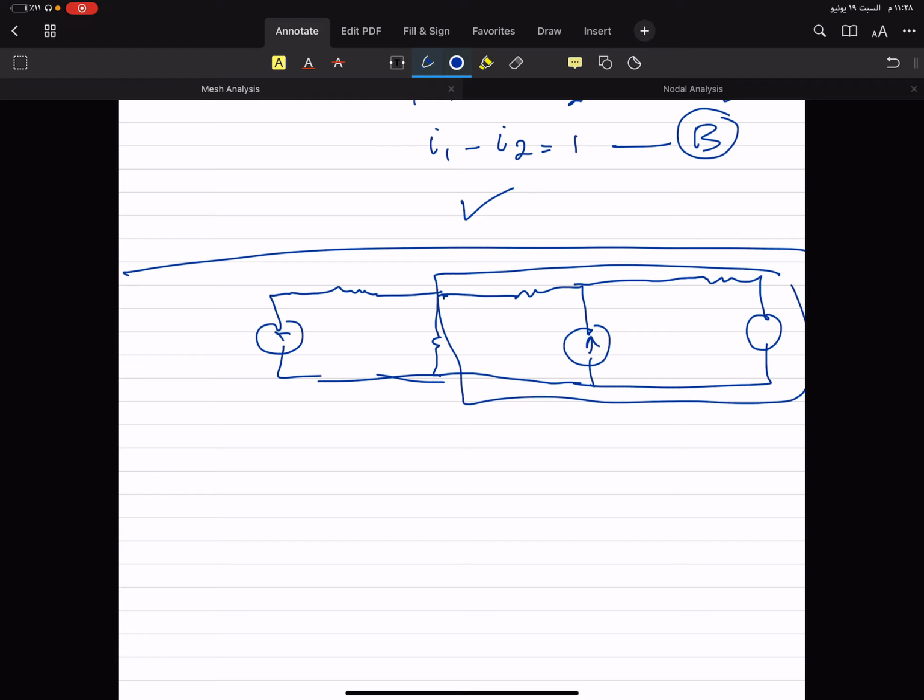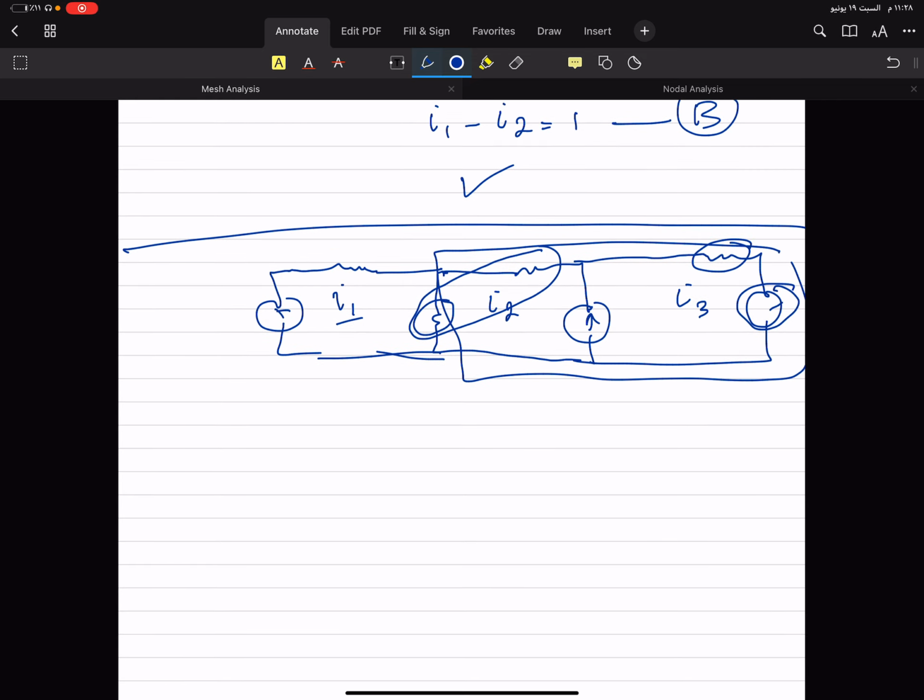So first of all, you will go through the supermesh, and don't forget this one is I1, this one is I2, this one is I3. So you will say the sum of these two resistances multiplied by I2 minus this resistance multiplied by I1 plus this resistance multiplied by I3, with plus or negative this sign, equals 0, and you can take this voltage source to the opposite direction with changing its sign.